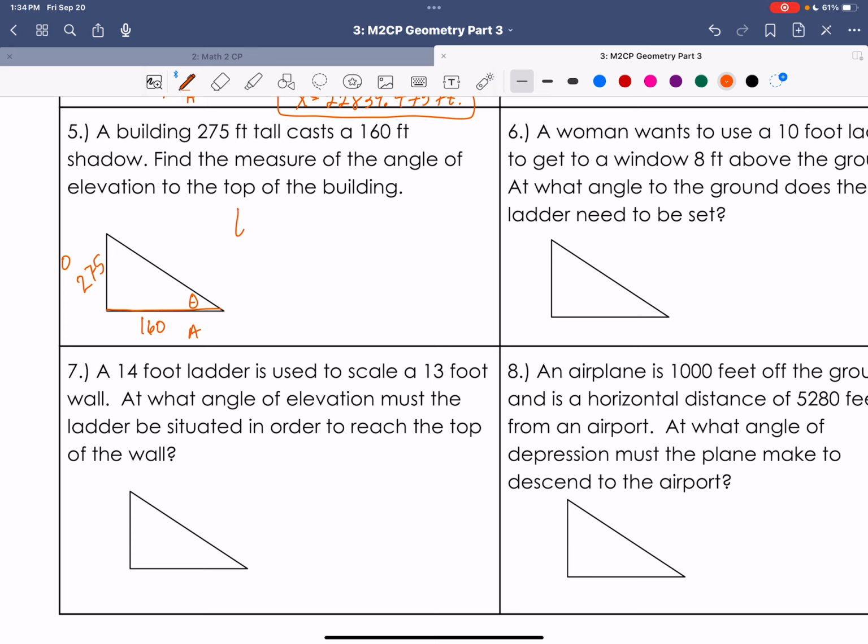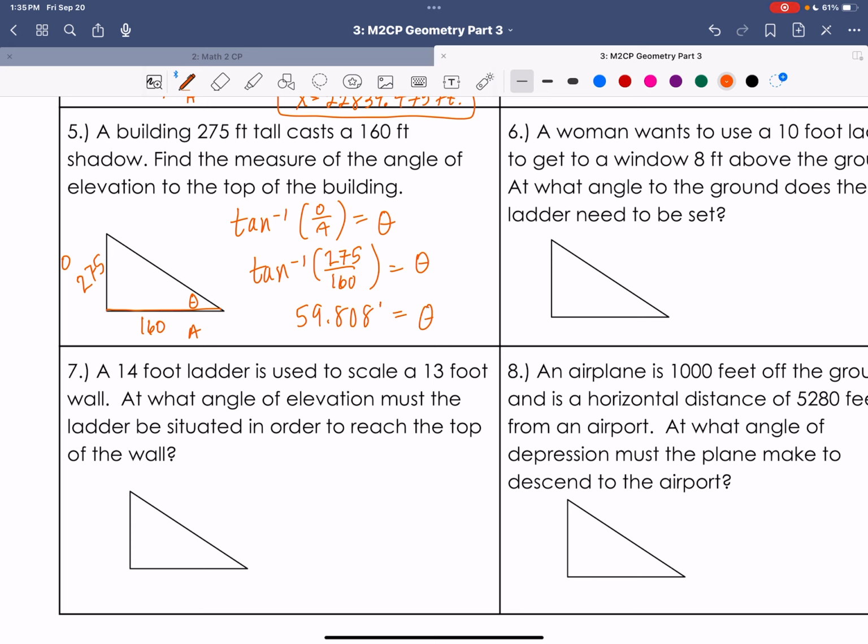So we're going to do the inverse. So let's go tan, set up your fraction. Equals theta, which is your angle, and then plug that into your calculator. And that is your degrees.